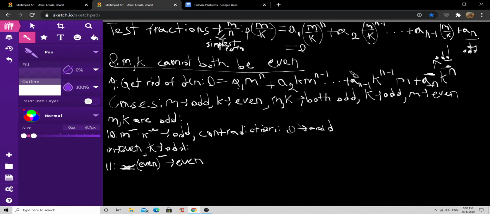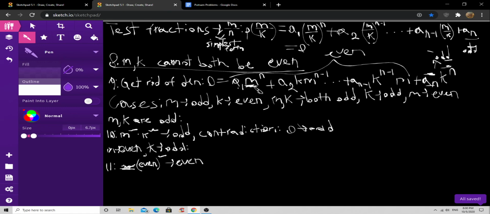That entire thing is odd because it contains m. Oh, sorry, I'm thinking. So this is odd, and this whole thing is even. For some reason I was confusing myself. So this whole thing is even, but this is odd.